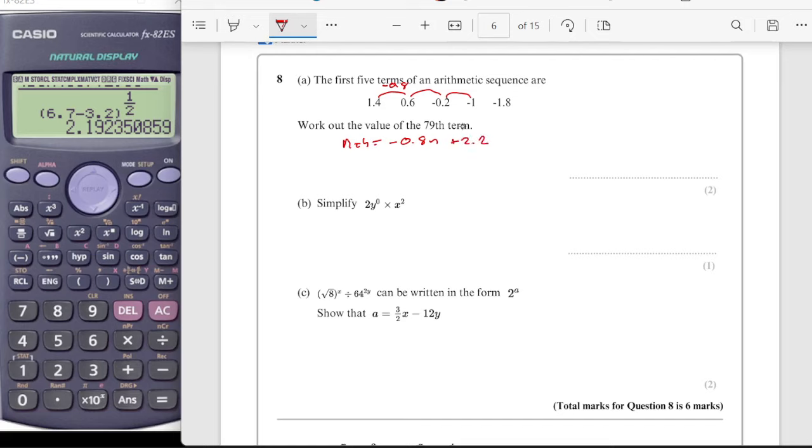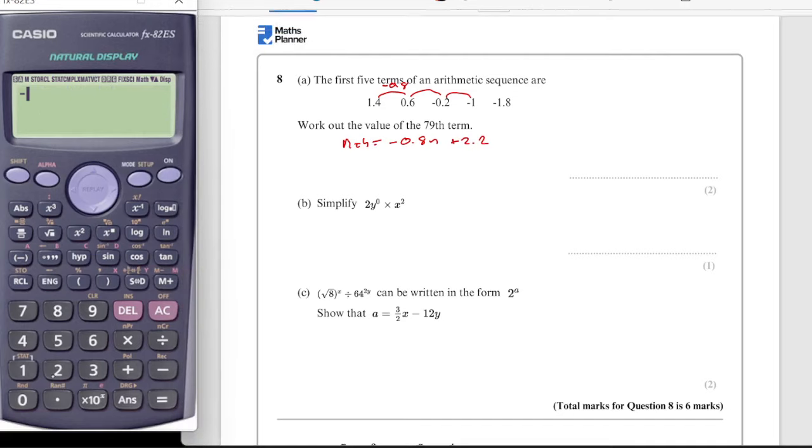So let's just double check that with the second term. So when n is 2, minus 0.8 times by, actually let's do the third term first. Negative one is a good one to practice or double check. Plus 2.2, so the third term should be minus 0.2.